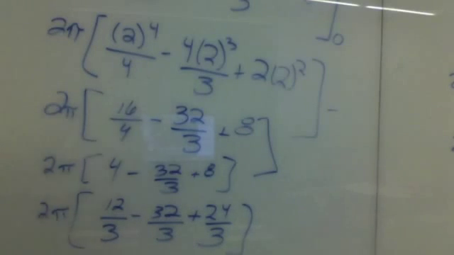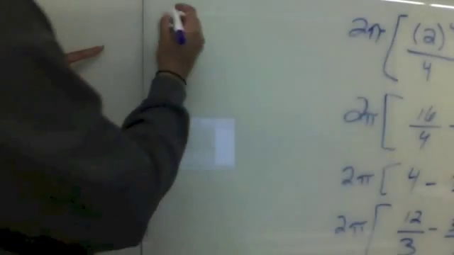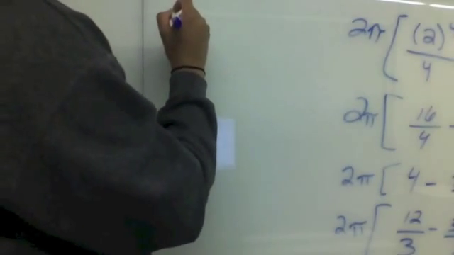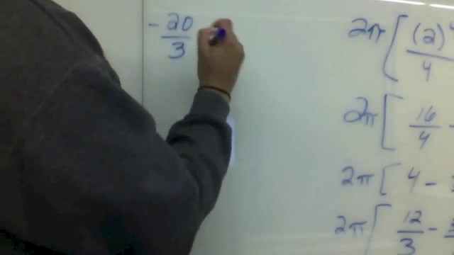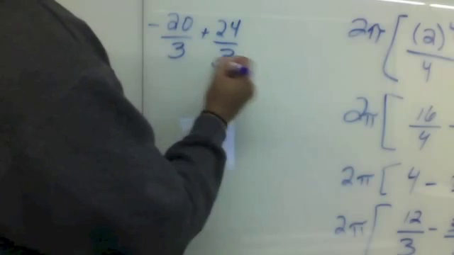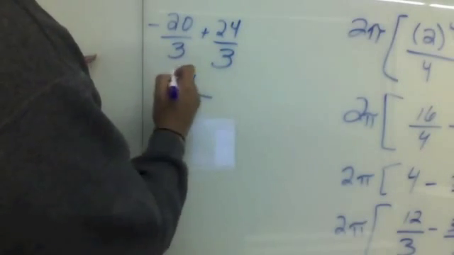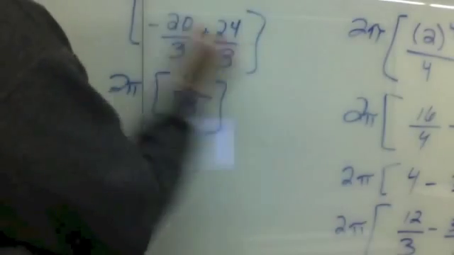And lastly, I can't fit anything else on this side of the board, so we're going to do it again. We end up with 12 minus 32, that's negative 20 thirds, plus 24 thirds. That just gives us 4 thirds. And we can't forget that all this is being multiplied by 2 pi.